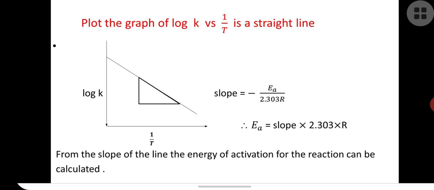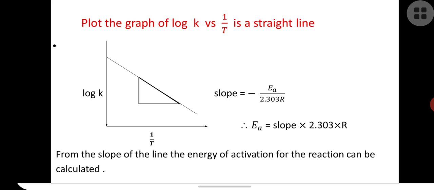Now, if we plot the graph of log k versus 1 upon T, we will observe a straight line in descending order. From the slope of the line, we can calculate the value of energy of activation.